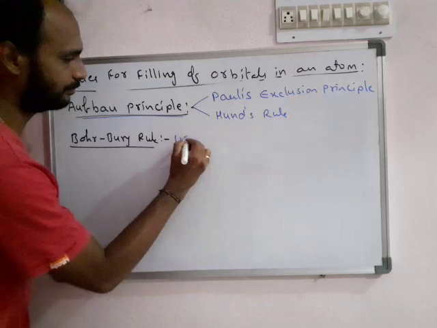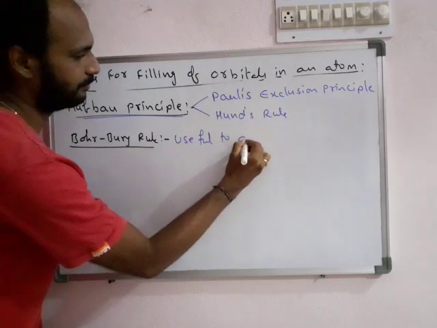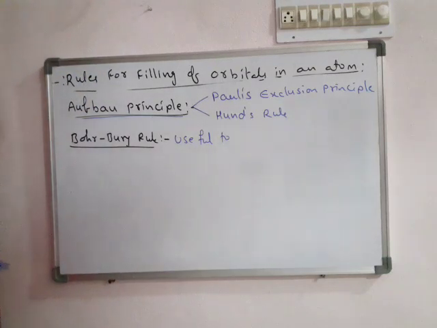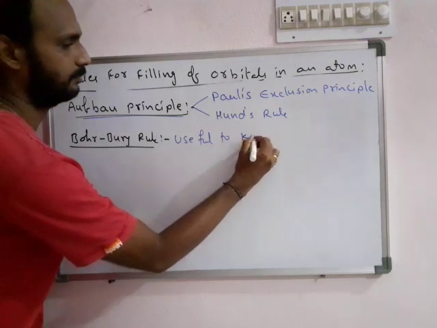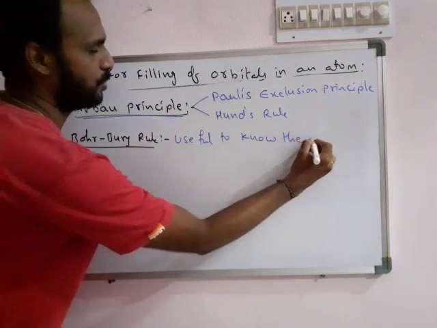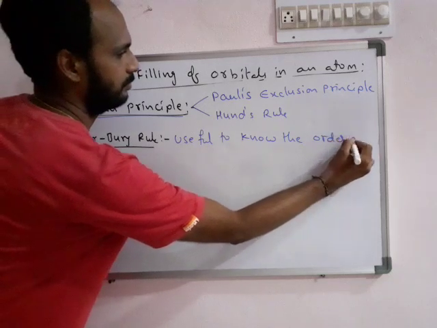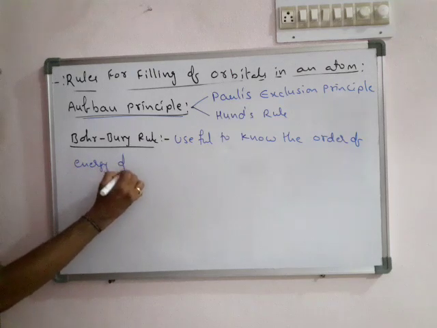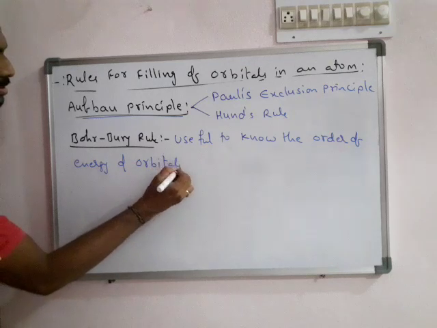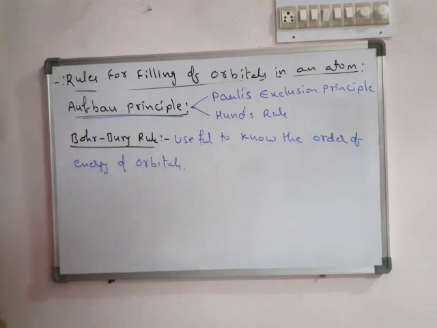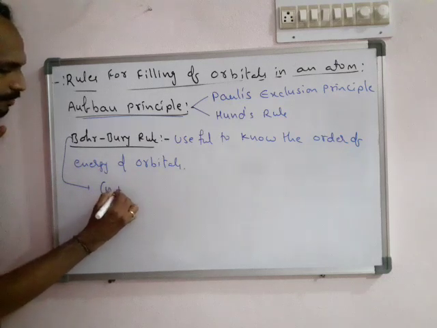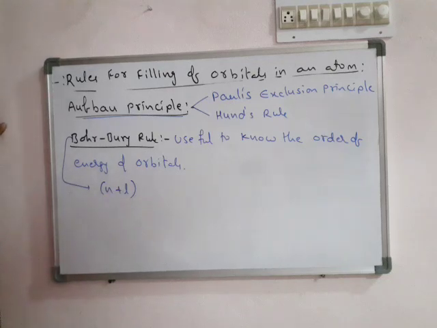It is useful to know the order of energy of different orbitals with the help of a rule that is known as the n plus L rule.